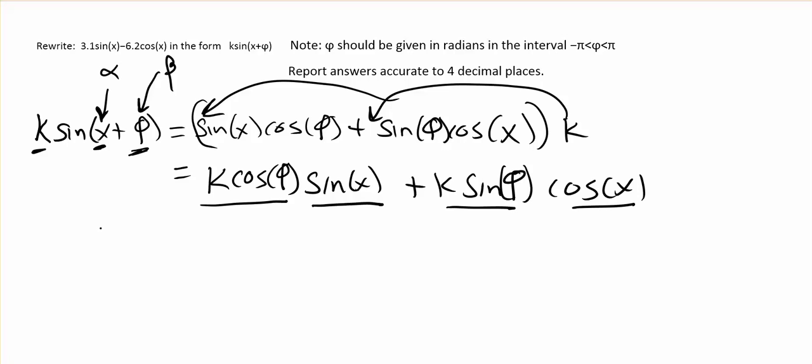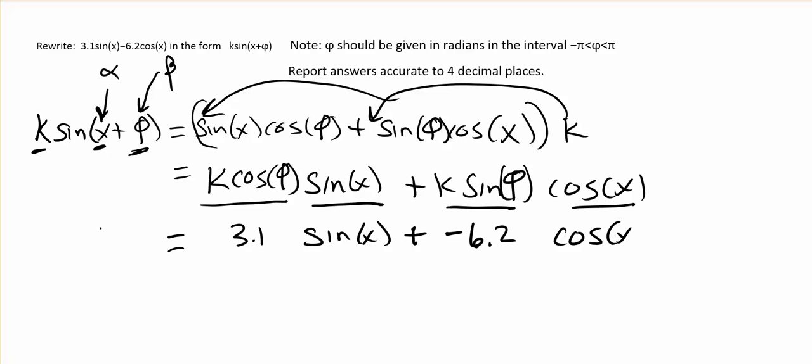All right, now if k sine of x plus phi is supposed to equal 3.1 sine of x plus a negative 6.2 cosine of x, both of these two equations have to equal.